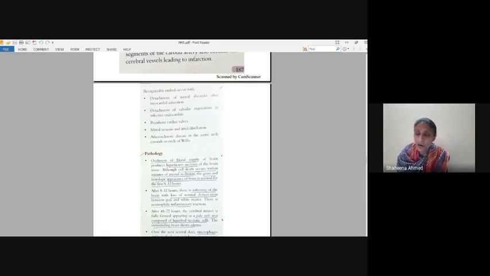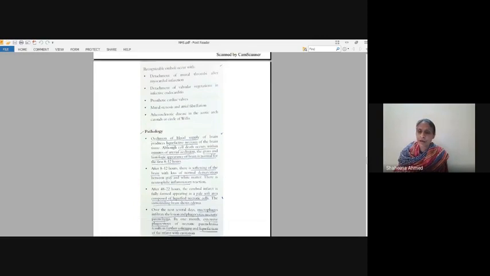Then atherosclerotic disease of the arch of aorta or the circle of Willis: over these atherosclerotic plaques, not only can pieces of the plaques break away and form emboli, thrombus can form over these plaques, and then pieces of this thrombus can break away and form emboli. So emboli are another important factor which can cause infarction.